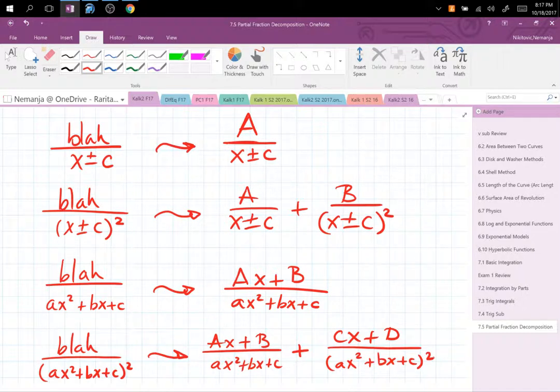And also what you see is that the top is always 1 exponent less. x to the first, x to the 0, x to the first, x to the 0, x to the first, x to the 0, x squared, x squared, x squared, x. So always 1 exponent less. So don't let me catch you putting A over this.